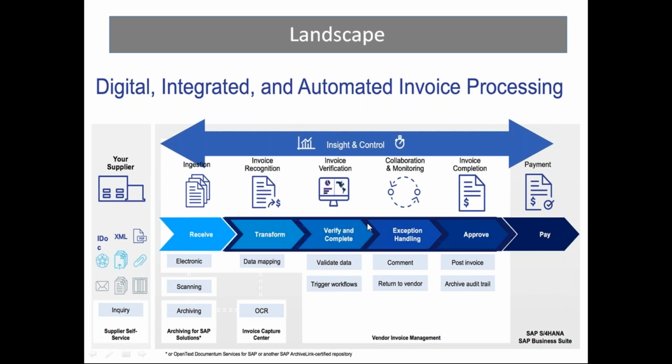Once all the exception handling is completed, non-PO invoices go for approval, PO invoices get posted, and in case of blocked invoices, blocked workflows get triggered. For non-PO invoices, once approval is completed, the document goes for posting.